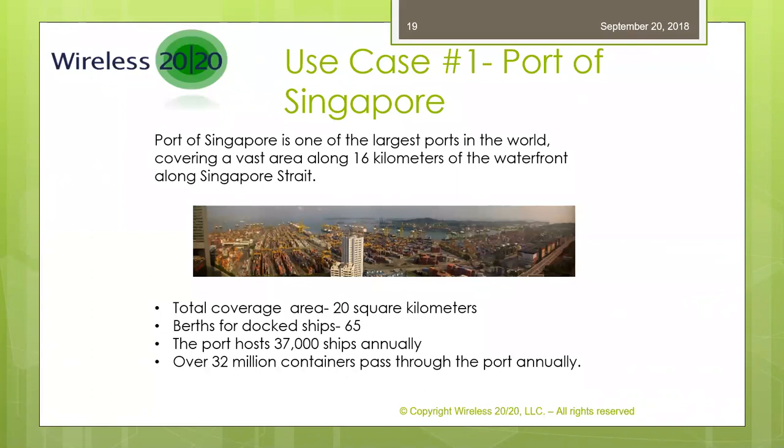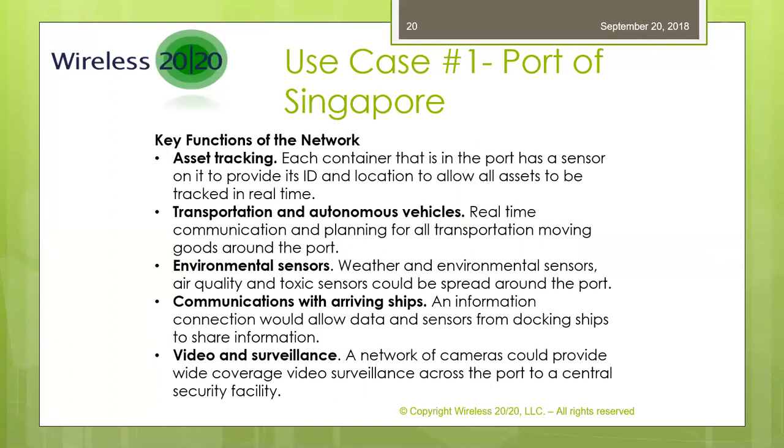The port hosts 37,000 ships annually. So we can do the math and get an idea of how quickly boats are coming in and out of the port. There are over 32 million containers that pass through this port annually. So certainly one of the busiest ports anywhere in the world.